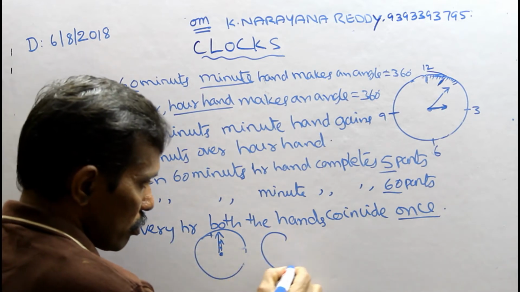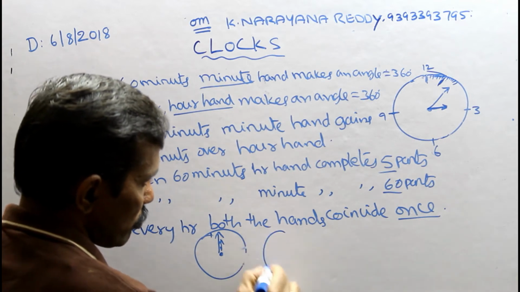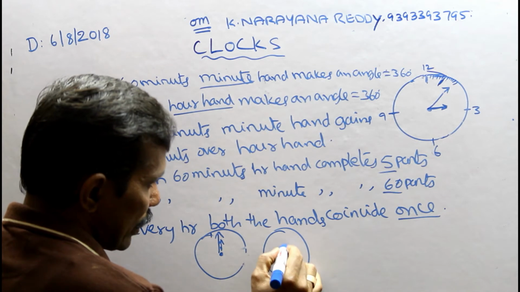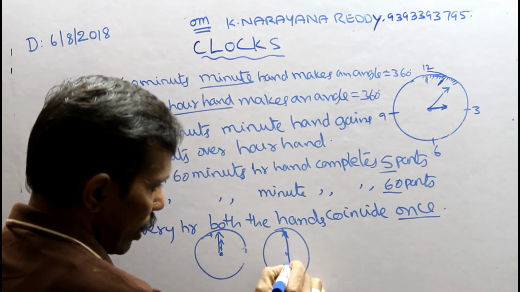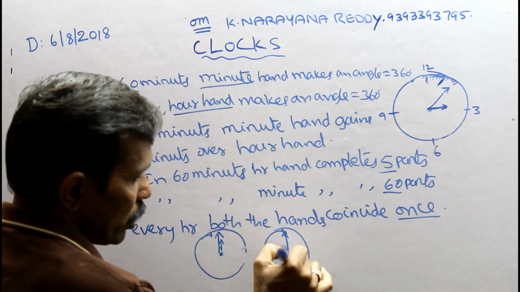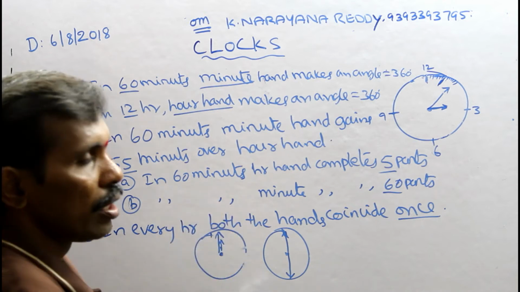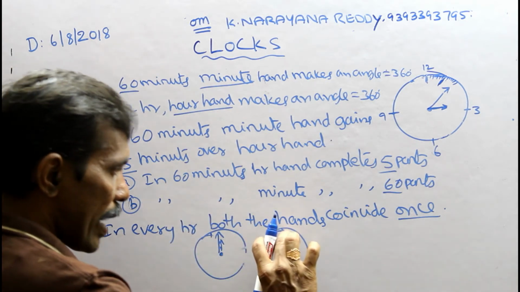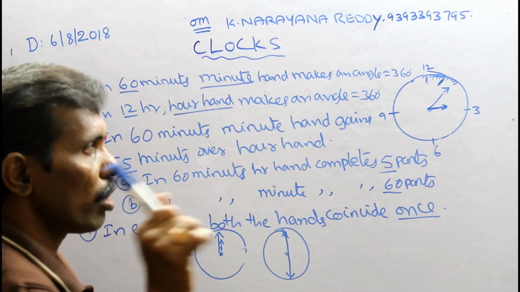Again, at the time of 12:30, suppose for example, those are opposite. So this is also a straight line, and those hands coincide and are in opposite direction in one revolution.